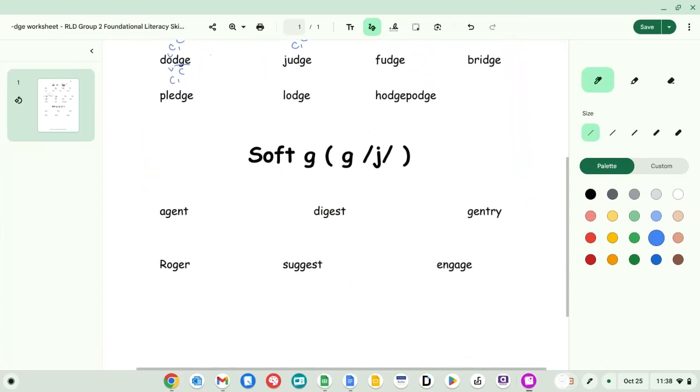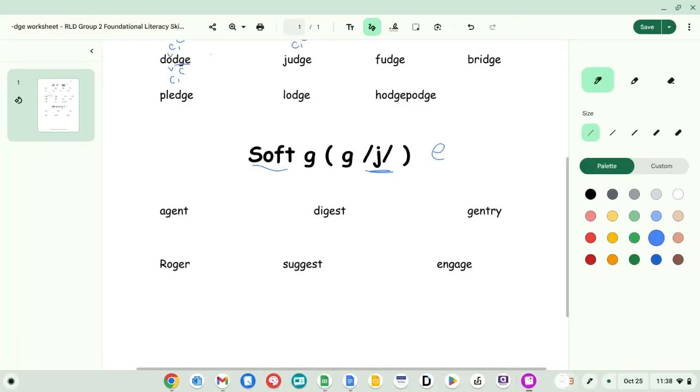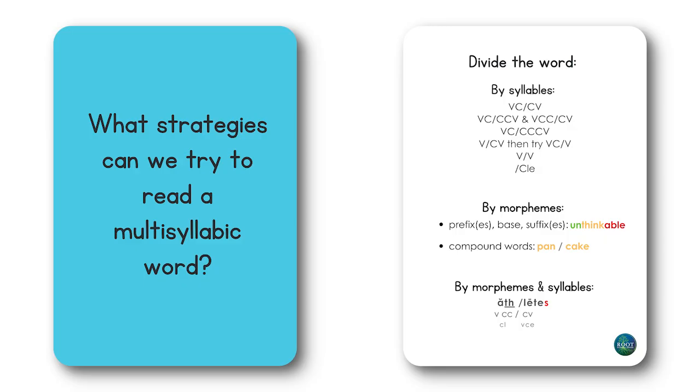All right, so let's talk about the soft G sound. So soft G also says J, and soft G only spells J when it's next to an E, I, or Y. So if you look here, when we're reading words, we want to make sure that we still mark the vowels that we hear, and the consonants in between.